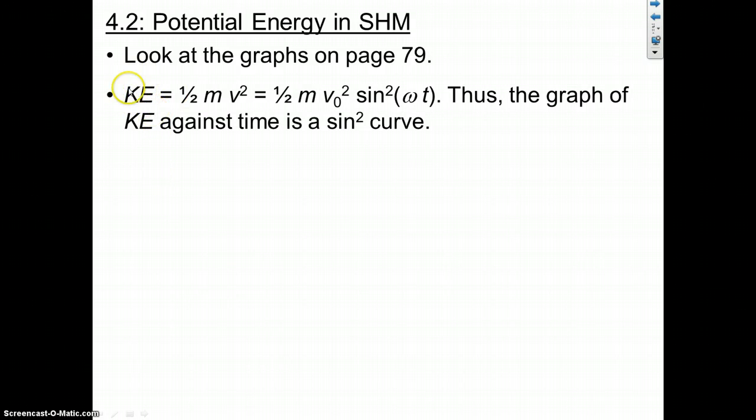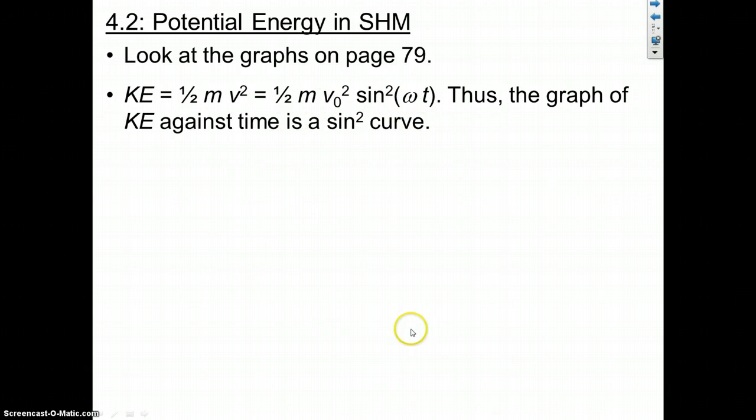If we consider the kinetic energy, we started with this equation, we plugged in for velocity, and then we came out with this as our final equation for KE. So if we plot KE on the y-axis, and we plot time on the x-axis, clearly we're going to get a sine squared curve, right?